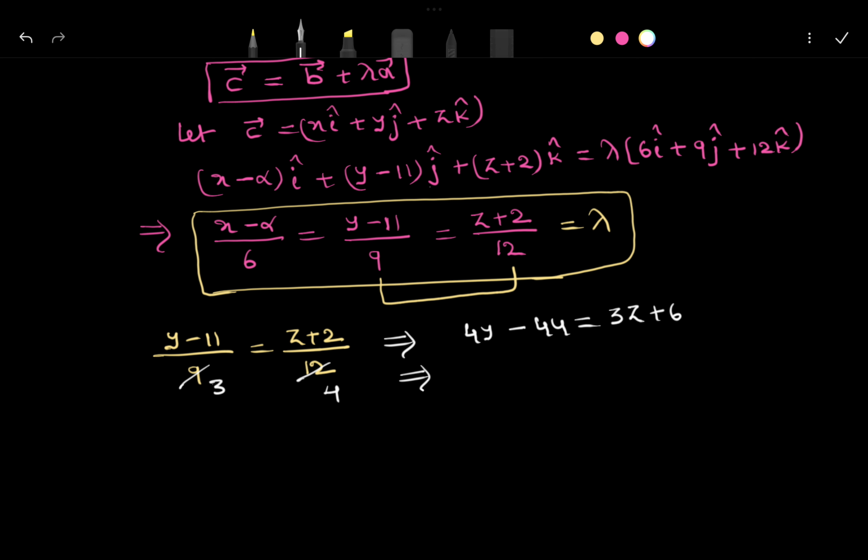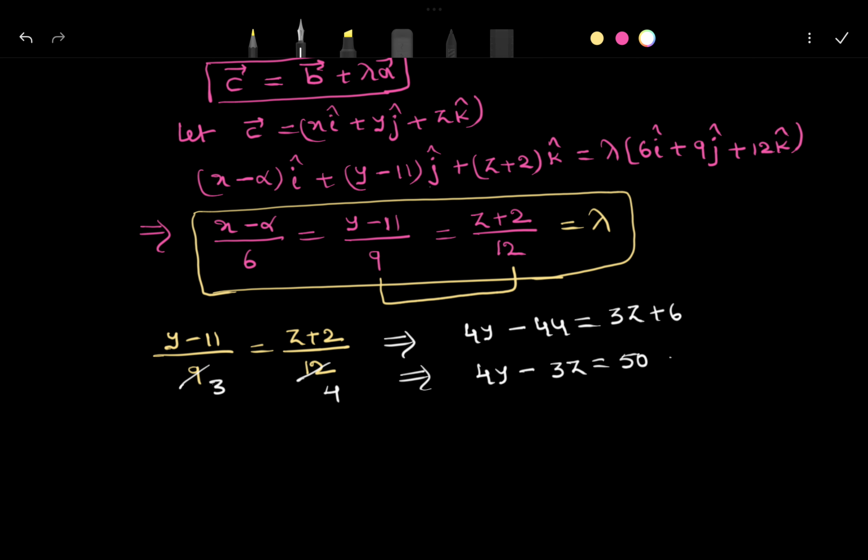You get 4y minus 3z is equal to 50. I hope everyone is clear up to this point.